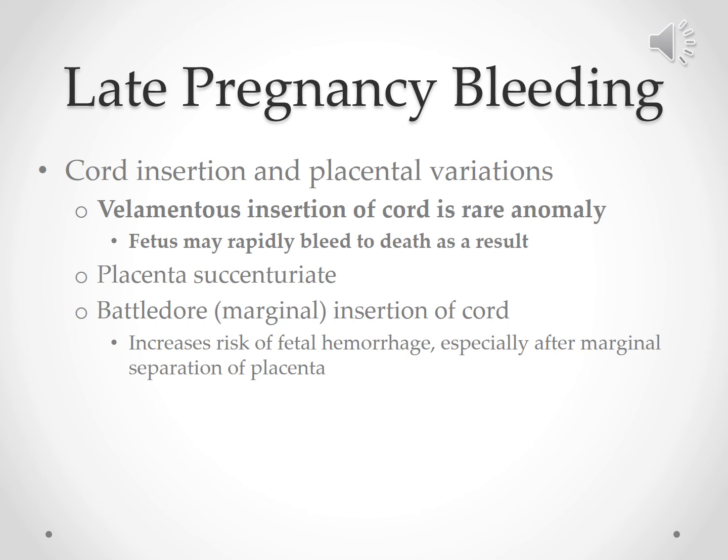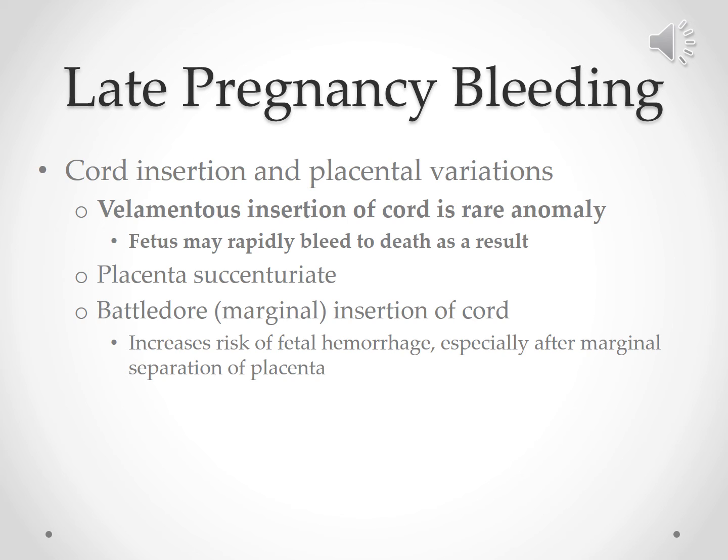So if you can imagine an umbilical cord in your mind, it is completely wrapped in the Wharton's jelly all the way down to where it enters, usually into the center of the placental disc. Okay, and then you have the vessels that just run into the placenta.